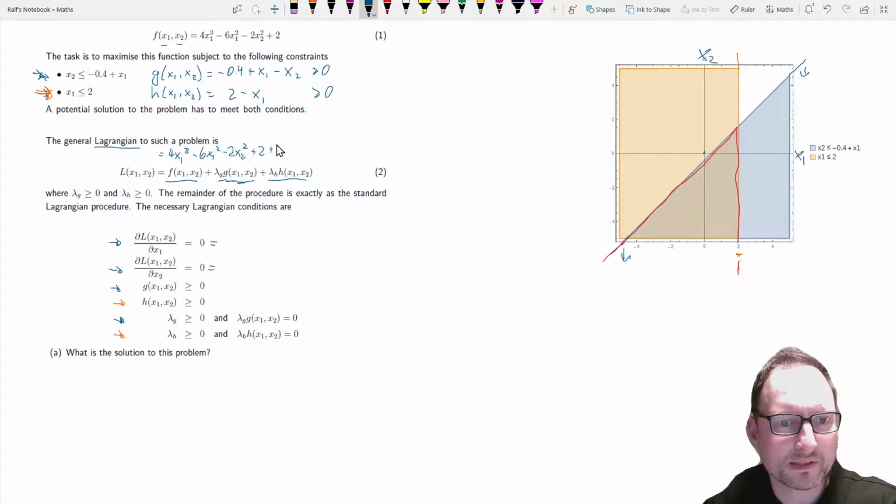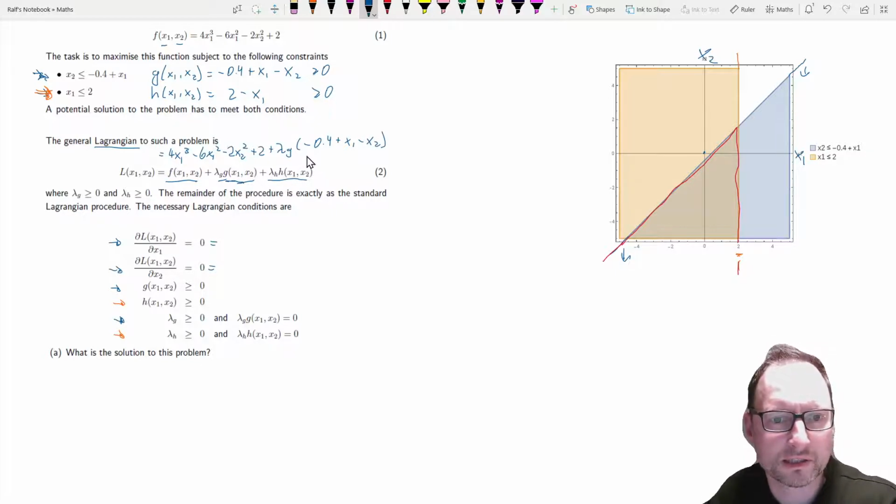Now plus lambda g times the first constraint, minus 0.4 plus x1 minus x2, and then plus lambda h times the second constraint, which is just 2 minus x1.